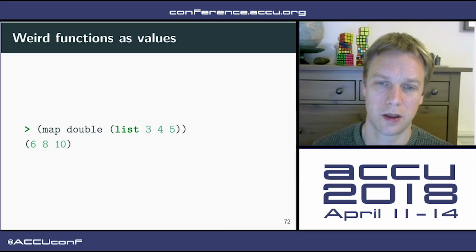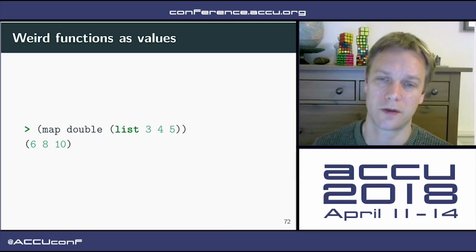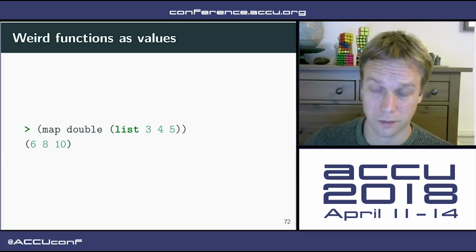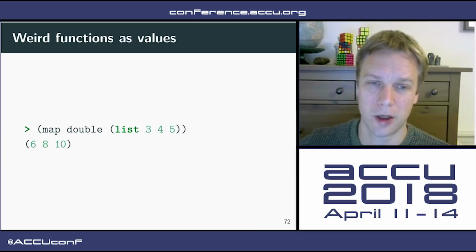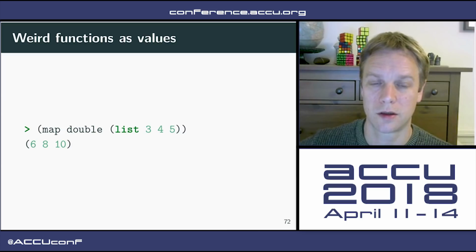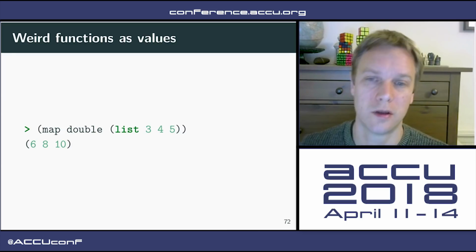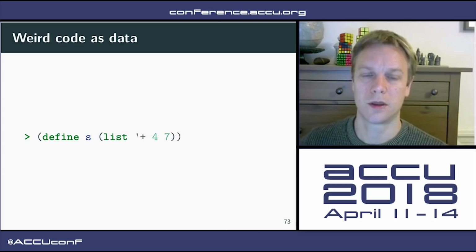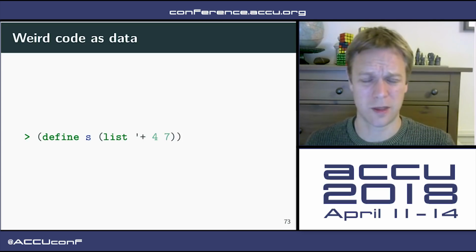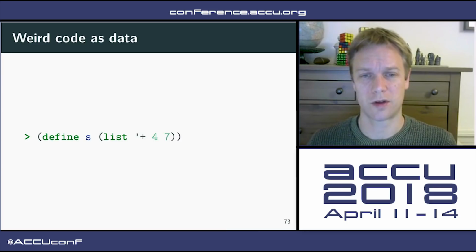So here, each item 3, 4, and 5, it calls it for each of them, gets back the answer, and then it makes a list out of all those answers. So inside, map might be implemented recursively. We're not doing any recursion here, but we are passing our function in as an argument to map. So that was recursion and functions, metaprogramming, maybe passing functions as arguments.